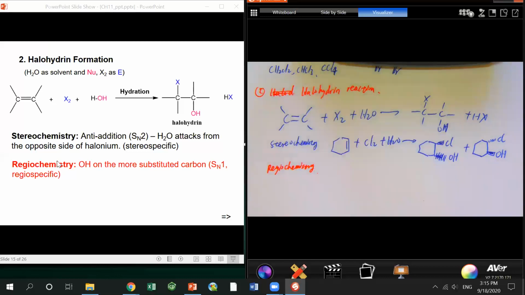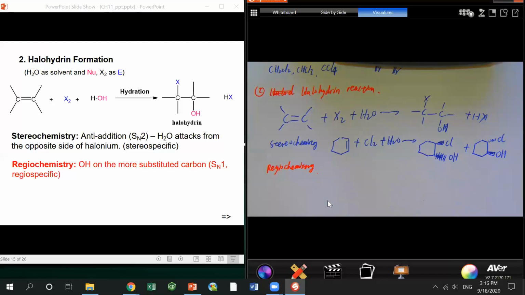For regiochemistry, you just keep in mind that OH adds to the more substituted carbon. The reason for that is some kind of question.